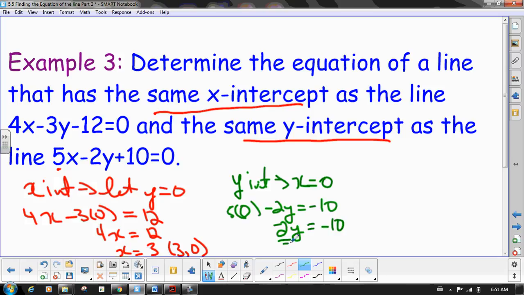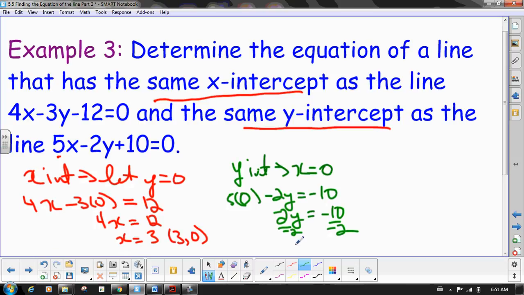Then we divide by negative 2. So y equals 5. And once again, that is a coordinate. So I know what b is. So this is finding b.